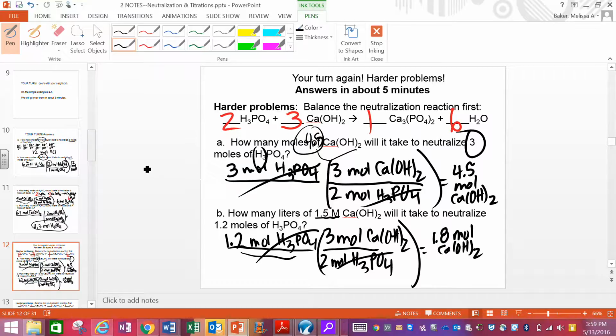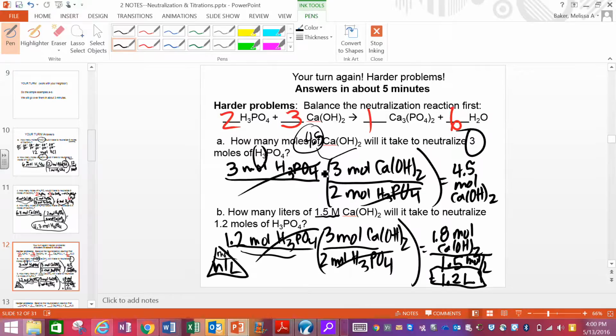Okay, now think back to your little molarity triangle here. Molarity, moles, liters. If we want to know liters, we're going to take moles divided by the molarity. So 1.8 moles divided by 1.5 moles per liter. Liters is going to flip up to the top. The answer is 1.2 liters of that solution will neutralize that acid.